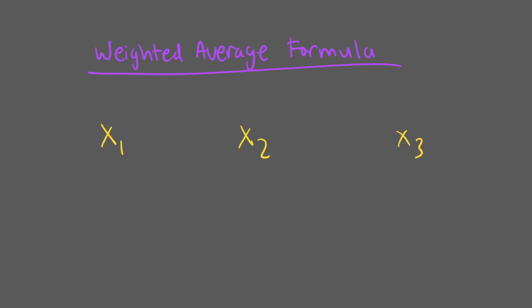Building off the realtor scenario, we can generate a generalized weighted average formula. Let's say we have 3 values, x1, x2, and x3. These will be the price of the property from our previous example. Each value has a corresponding weight, f1, f2, and f3. Here, f means the frequency or percent of the items with a given value in the dataset, which can also be represented through fractions or decimals.